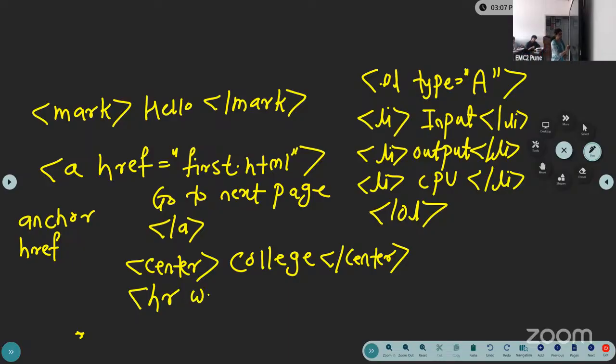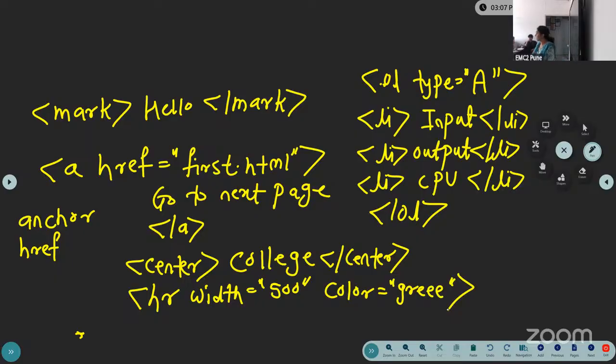The properties are width, so you can mention how much of the web page you want the line to cover, along with the color, in which color you want to show it. And HR is again a standalone tag. HR doesn't have a closing tag. And these are the two properties only, width and color.